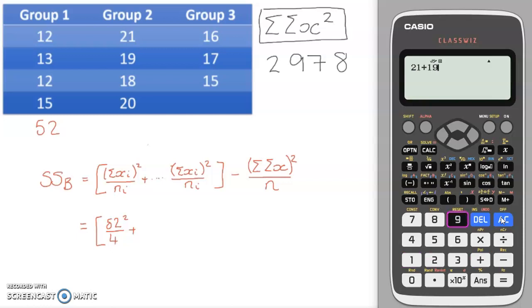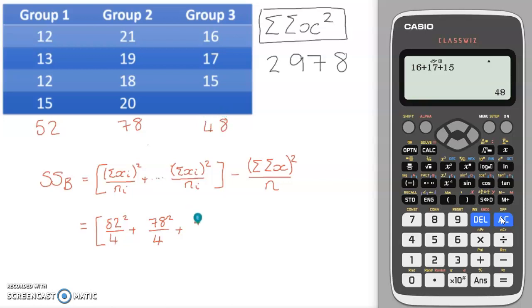Then I'm going to do the same for the second column. So 21, add 19, add 18, add 20. And that column there adds up to 78. So that's going to be 78 squared. And again, there's 4 in that column. For the final column, I'm going to do 16, add 17, add 15, and that gives me 48.